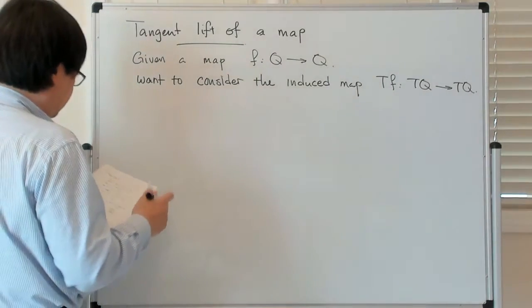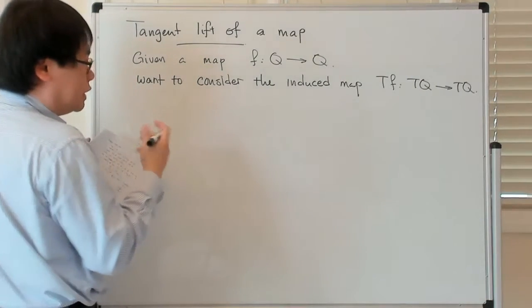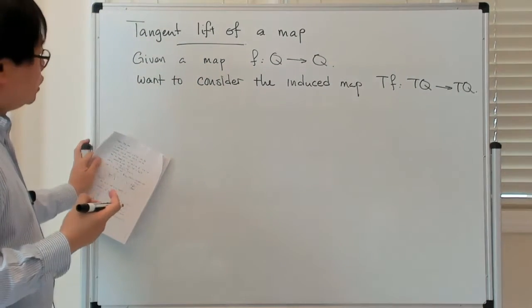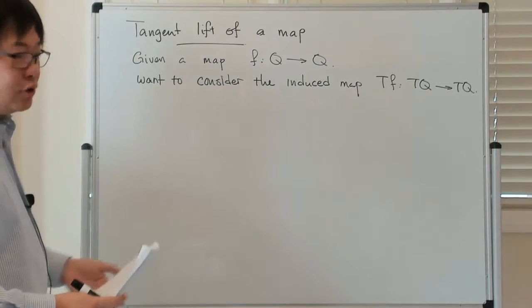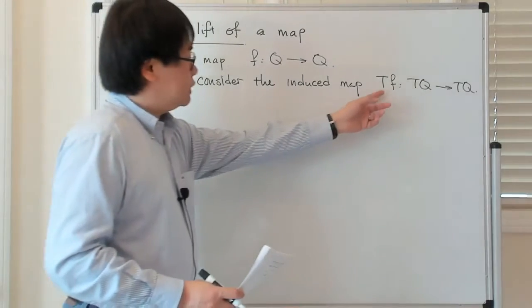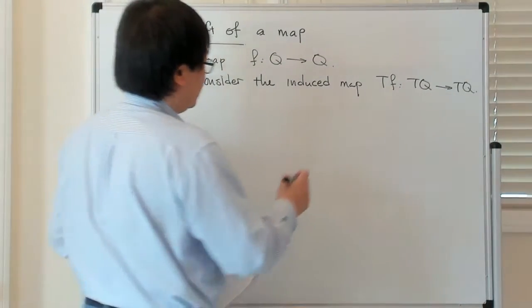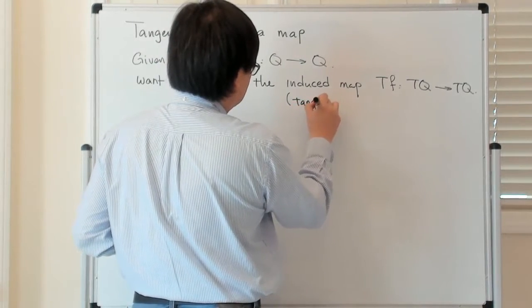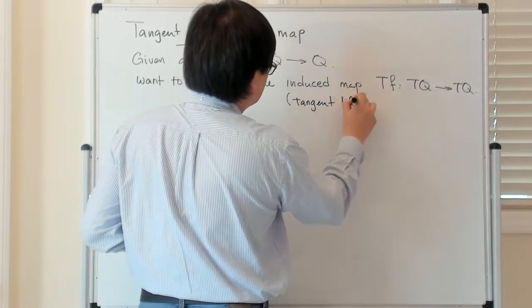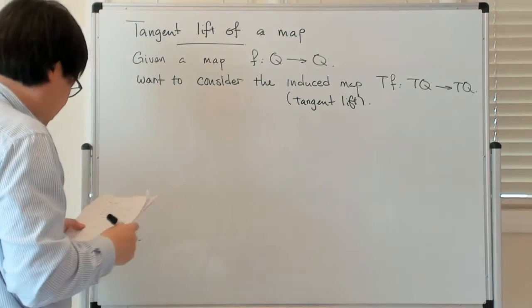There's a nice way of thinking about vectors in terms of equivalence classes of curves, and that very naturally leads to this induced map, which is called the tangent lift, and we'll see how you do this.